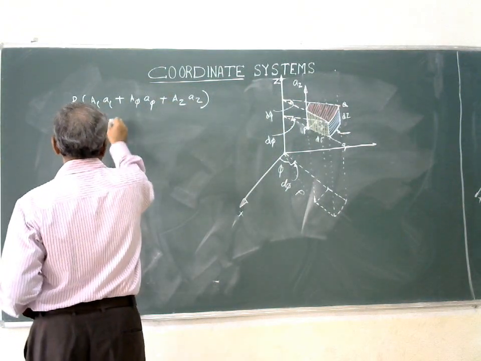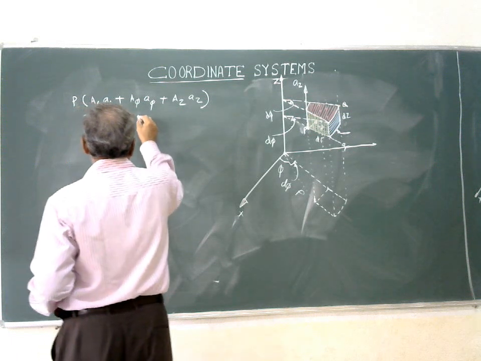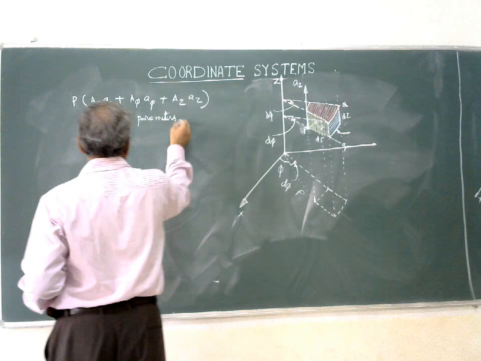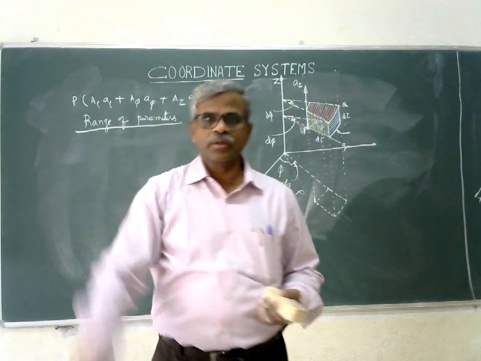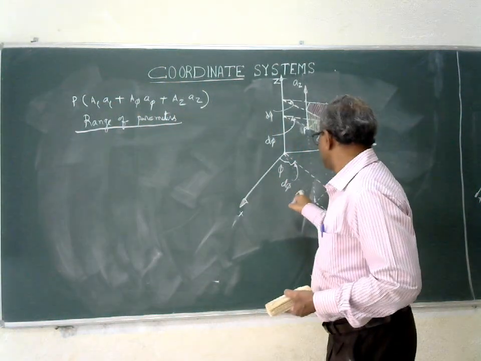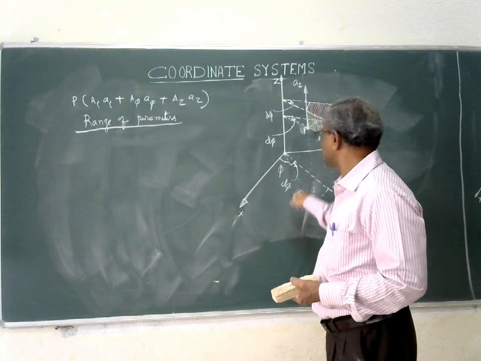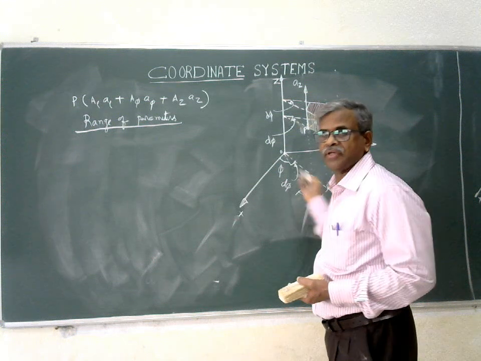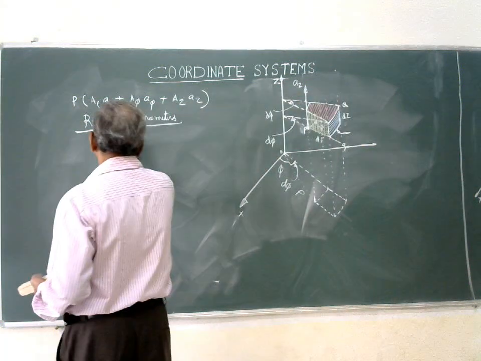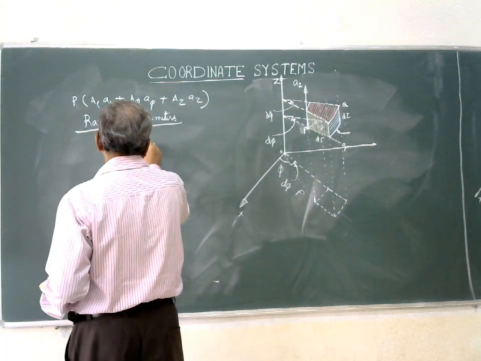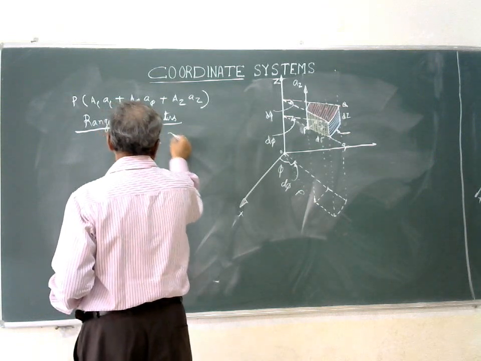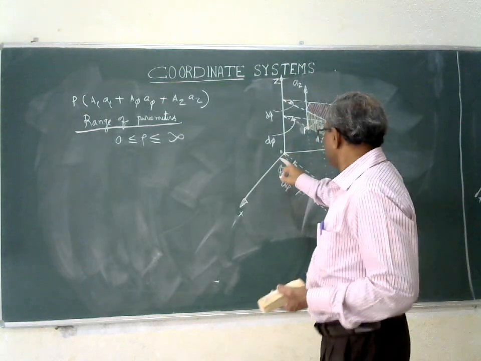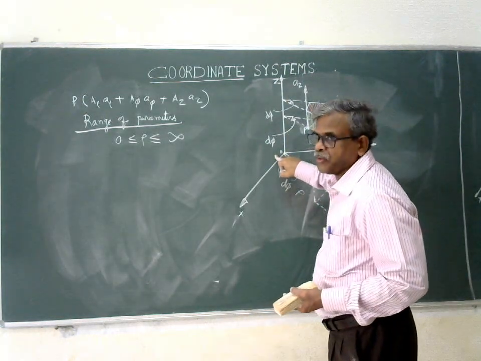Range of parameters or coordinates. This rho is the radius of the circular cylinder. It starts from the origin and it may go up to infinity. So 0 is less than or equal to rho, less than or equal to infinity. Next one is phi. Phi can take a maximum value of 2 pi.